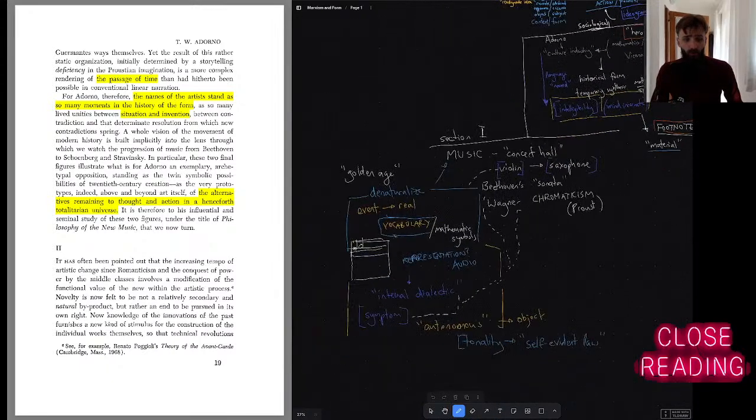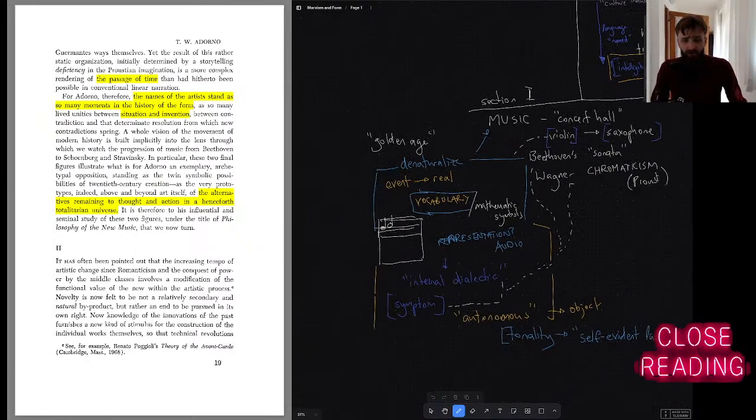So where we left off last time was looking at the idea of the concert hall, this transition that Adorno is seeing from the violin to the saxophone, or rather that Jameson is remarking about the transition from the violin to the saxophone, and a distinction between different composers and the way that they deal with the tonal system.